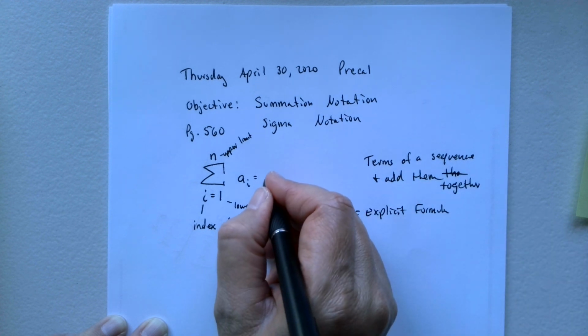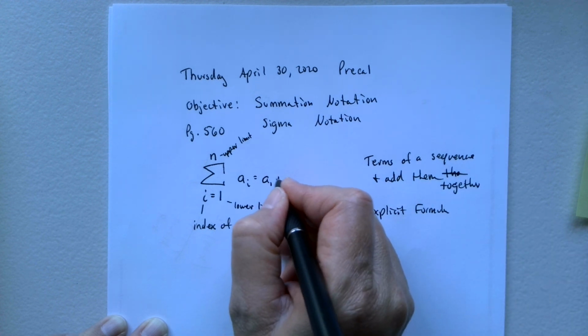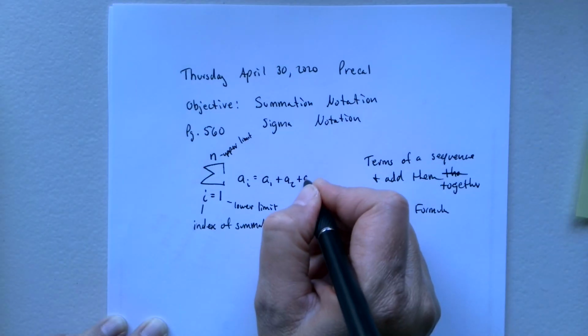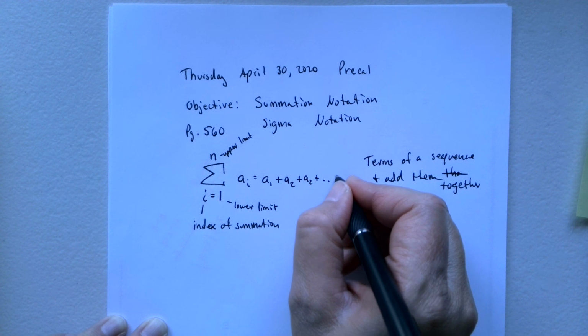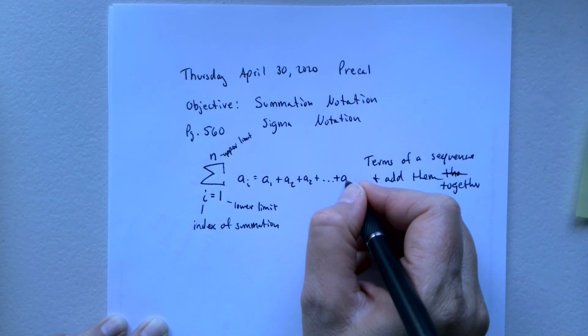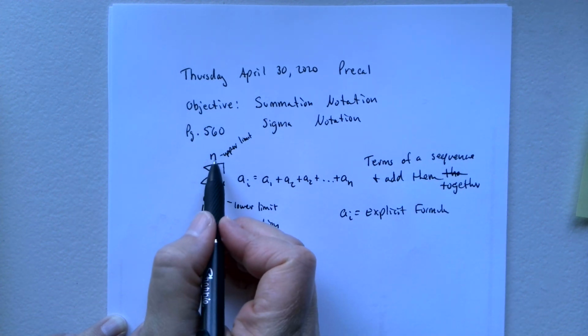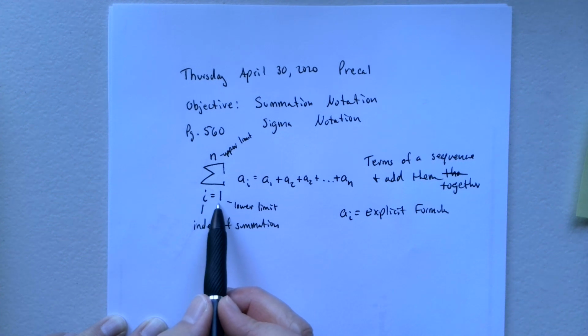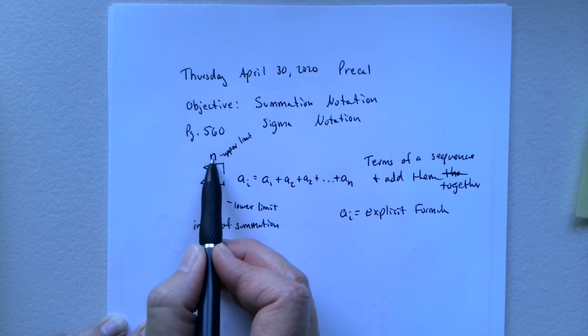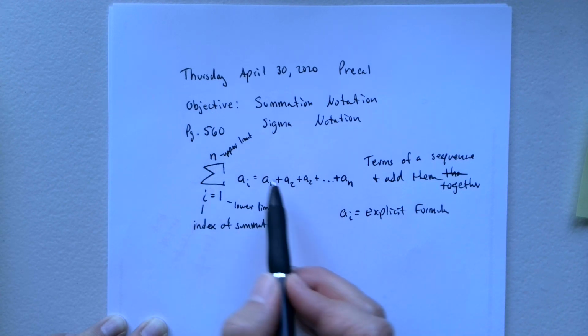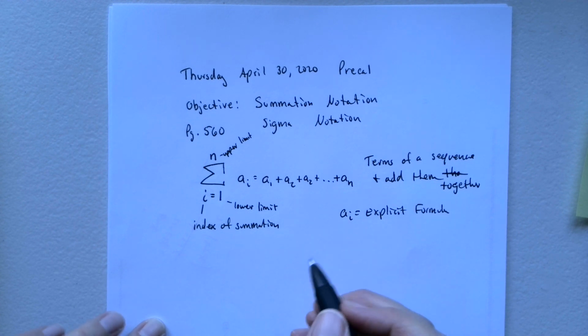What we're going to do is take the first term and add it to the second term and add it to the third term. And you keep finding terms and adding them together until you get to the nth term. So you're going to start with whatever term they have down here as your lower limit, and find all of the terms from that term to the term number on the top and add them together.